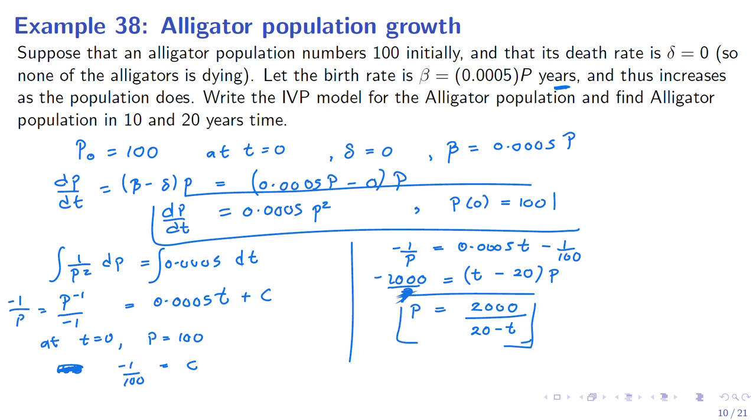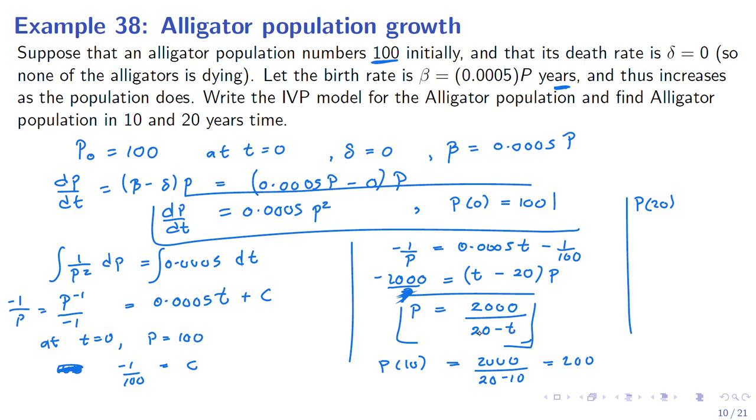Now we need to find out P at 10 and 20 years. So P of 10 will be 2000 divided by 20 minus 10, which is 2000 divided by 10, which is 200. In 10 years time, we can see that the initial amount, which was 100, was doubled to 200. And what can we say about P of 20?